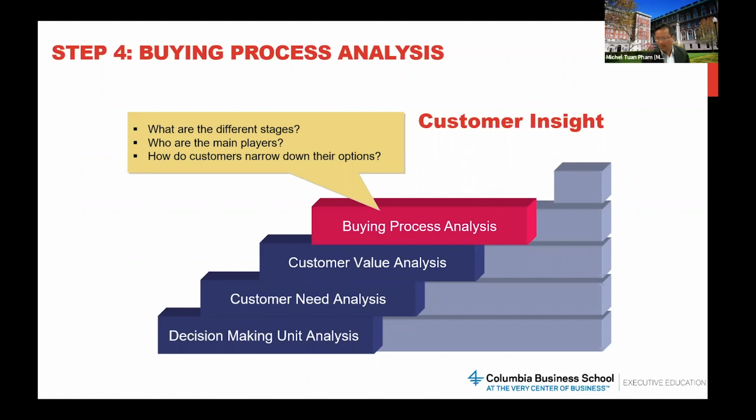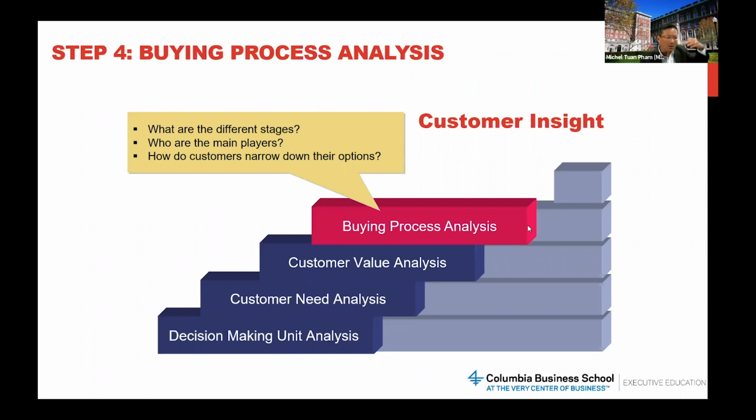And that's a mistake, because the valuation process is only part of a broader process of selecting an offer in a given product category. And therefore, the next level of insight is about answering the following question: what is the overall sequence of events that the customers go through in order to select a product in your category or a vendor in your category? And we call that buying process analysis.